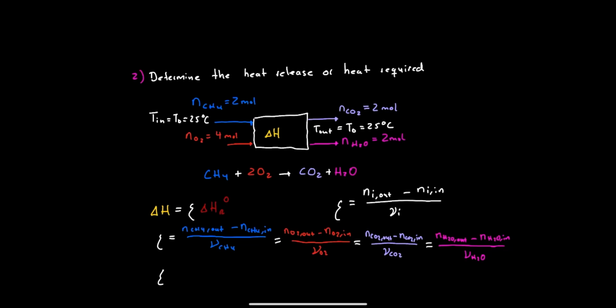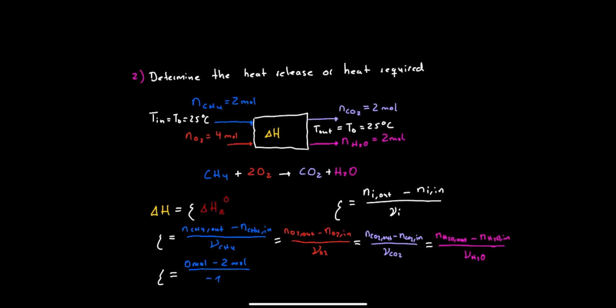So if we enter the values, we have no methane leaving our system, hence 0 mole, minus the 2 moles of methane entering our system, divided by the stoichiometric coefficient of methane. Because it's a reactant and we only have one, it's -1.